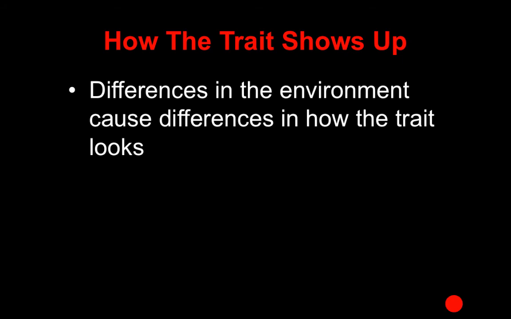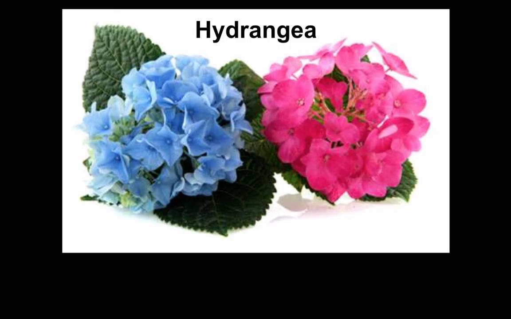All right, and finally we're going to look at how the trait actually shows up. Differences in the environment can actually cause differences in how the trait looks. For example, these two hydrangeas are genetically twins. They're identical, and yet one of them's blue and one of them's pink.